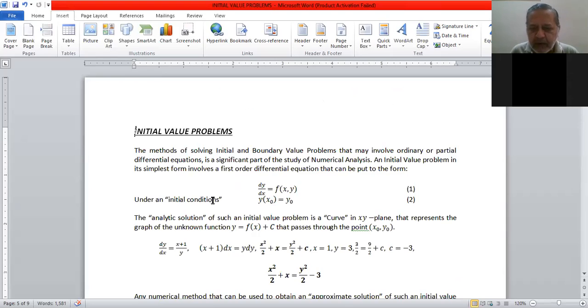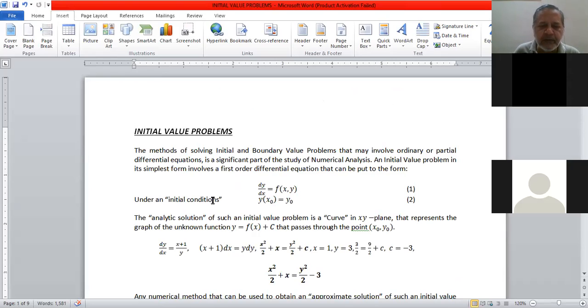We started talking about initial value problems. From the study of differential equations, you know that an initial value problem involves a differential equation.